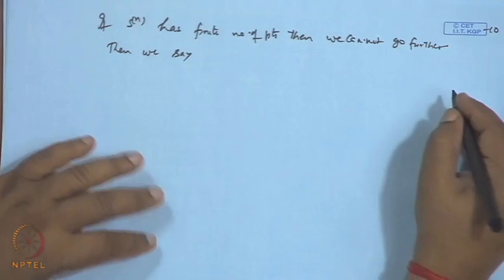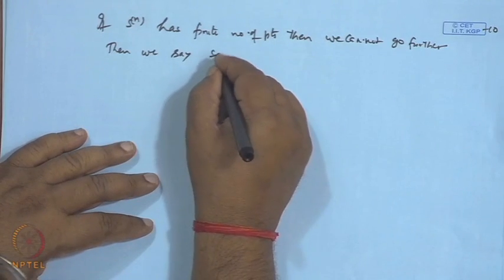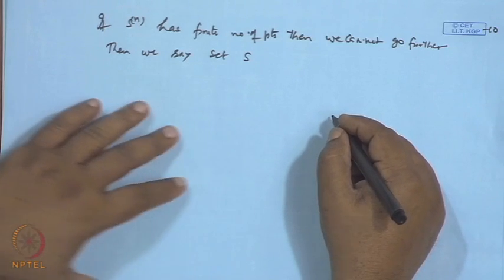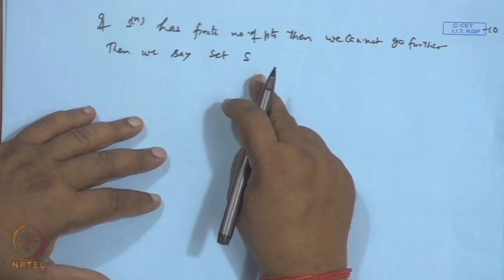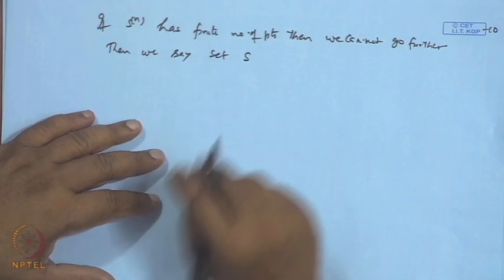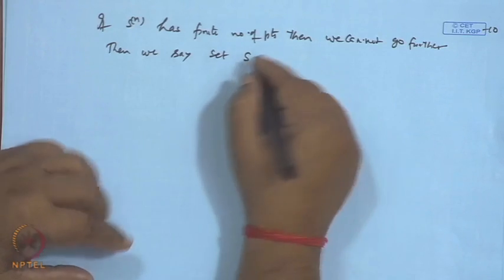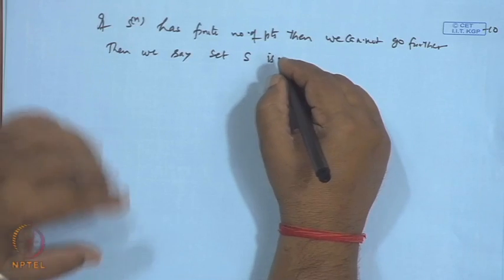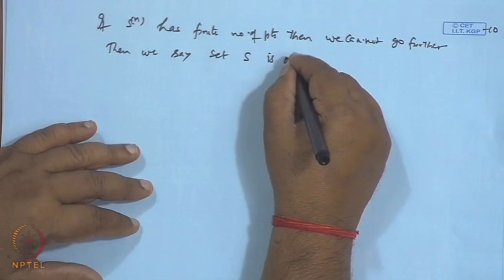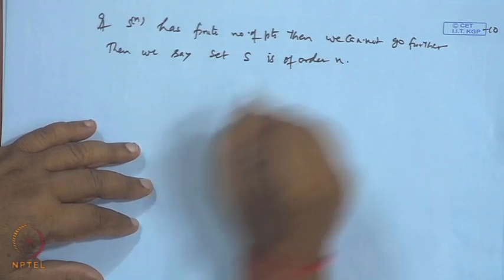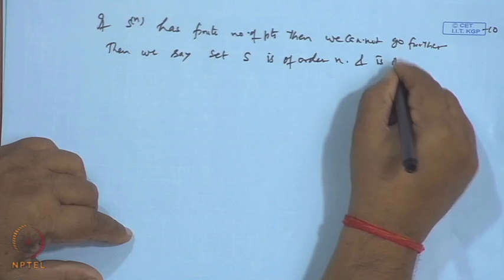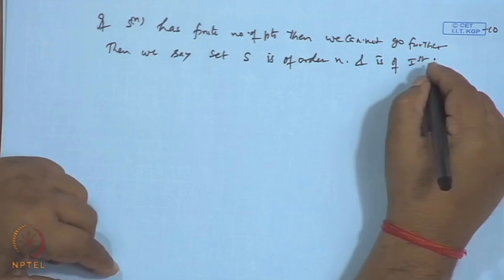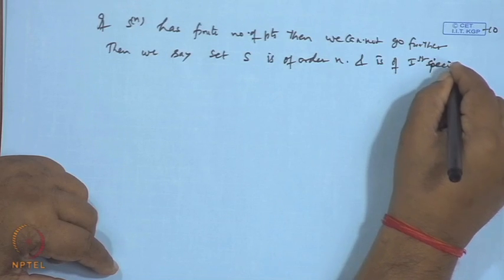Then we say that the set S, if S n is a derived set and S is of order n, is of first category, that is, first species.